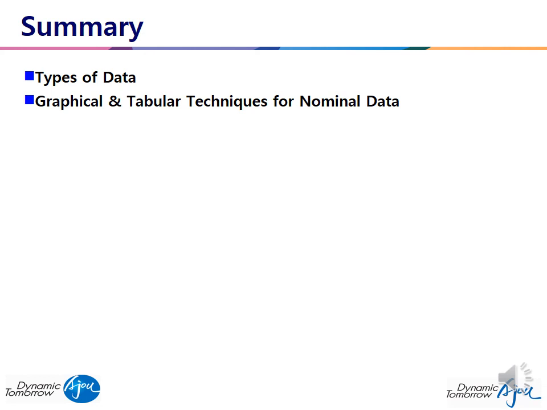You should understand how to interpret them, but when you meet offline, I will show you how to create them. The third one is graphical techniques for interval data. You should know how to create and interpret them, but I'm going to explain how to create them when you meet offline too. And then we learned the ogive.